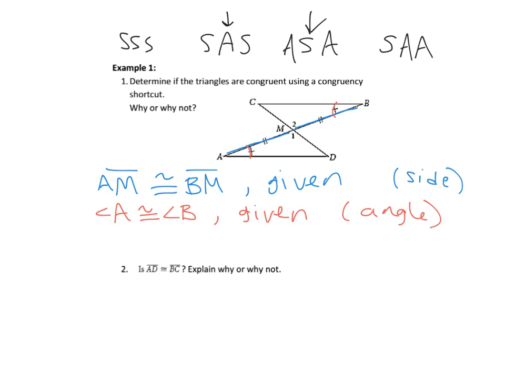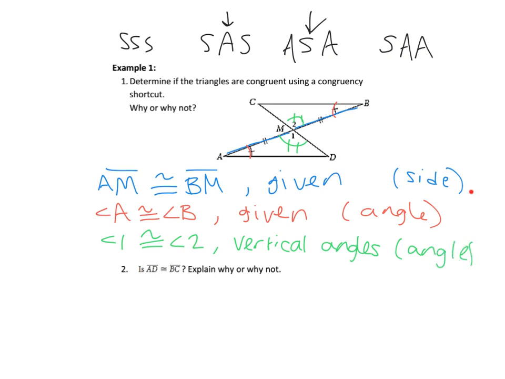And then lastly, I know that angle 1 and 2 are congruent to each other because they are vertical angles. So angle 1 is congruent to angle 2, vertical angles. And that's an angle.